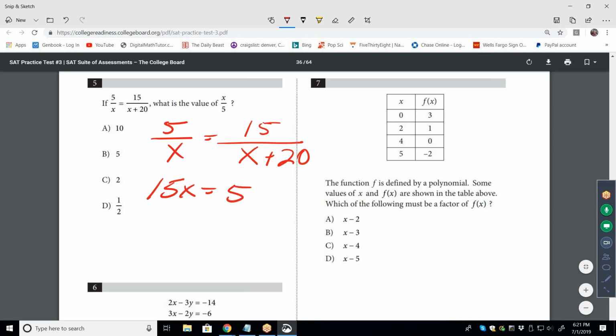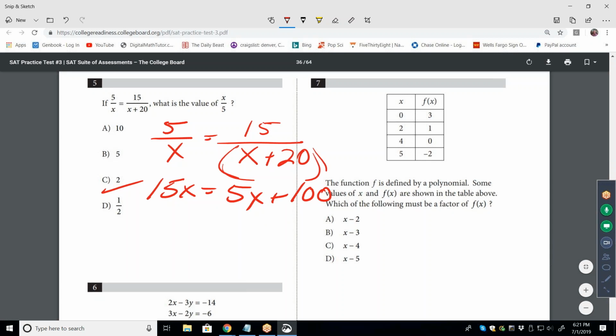It's not 5x plus 20. Yes. In other words, that 5 has to multiply everything there, not just the x. If I'm going to cross multiply, I got to multiply the whole denominator. Okay, so now I got that. Now solve for x.